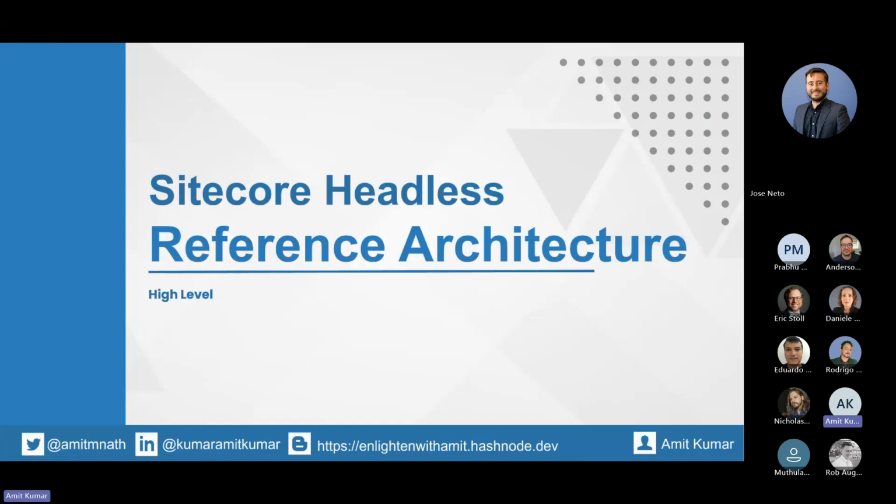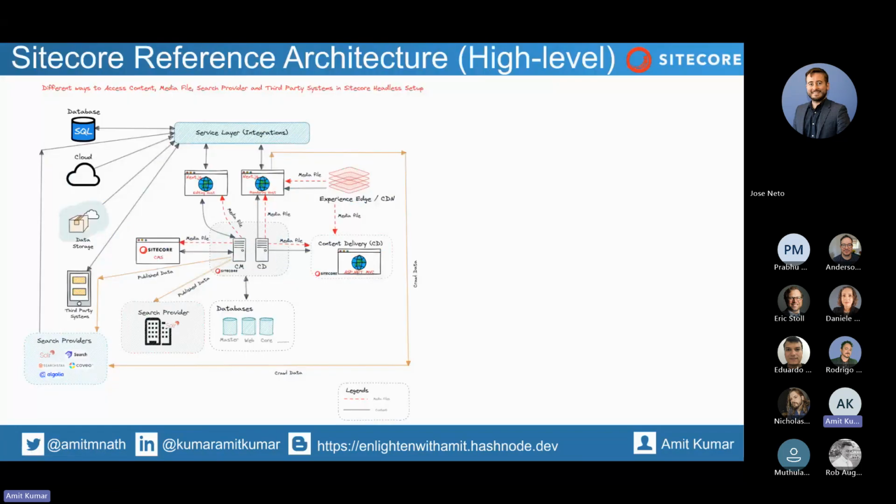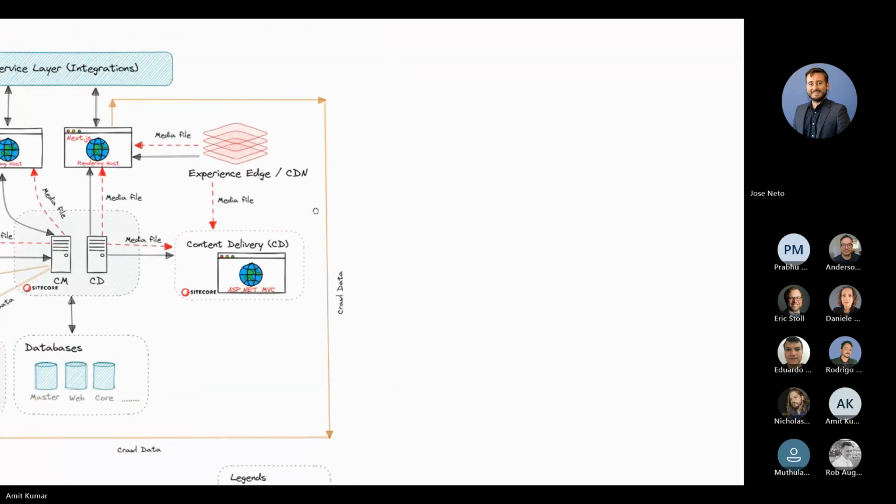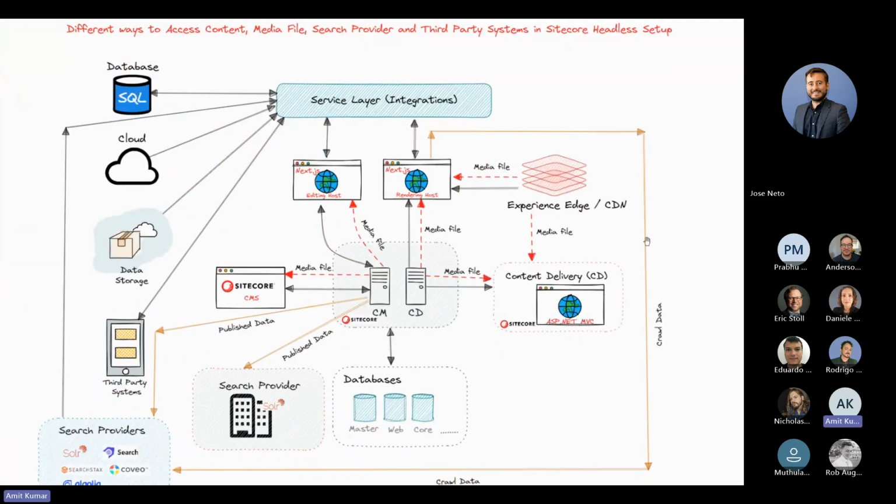Now I'm moving to some reference architectures. Here I have tried to explain a mix of ASP.NET MVC as well as Next.js. In the center, you see there is a CM and CD.